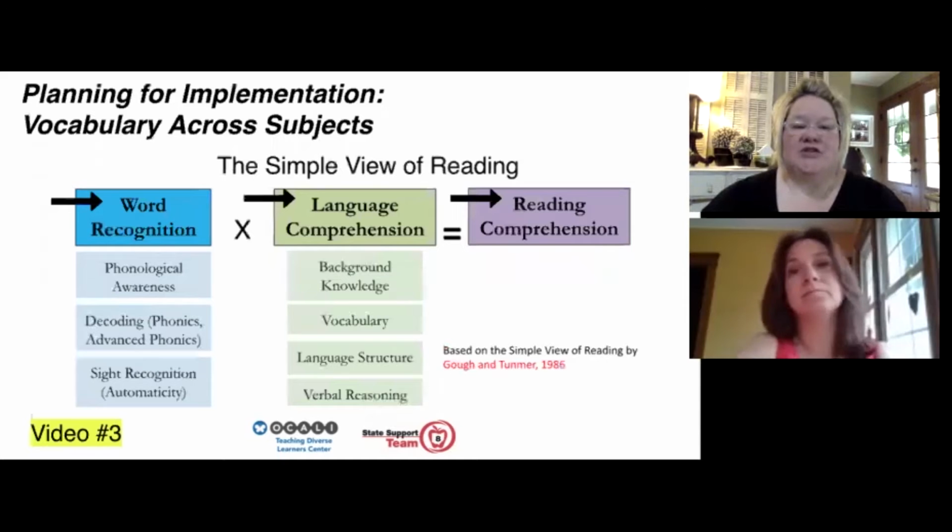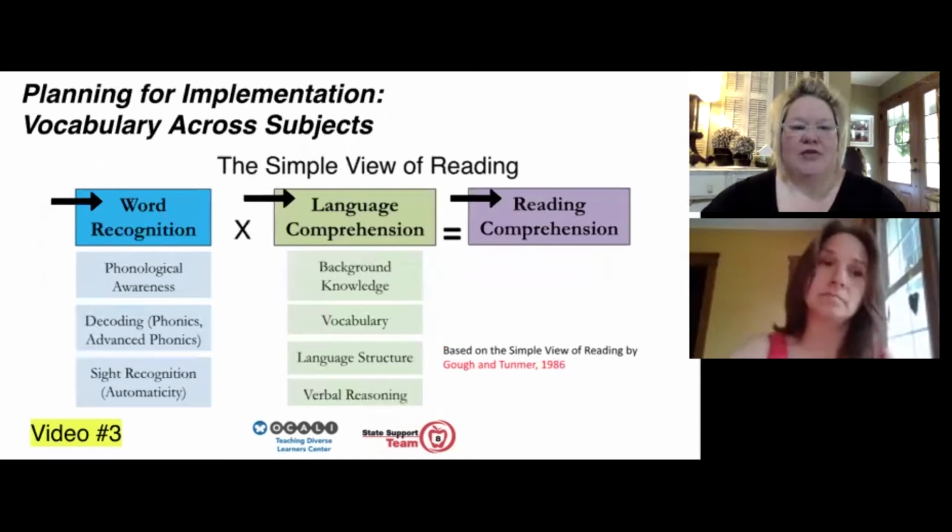To set the stage for our conversations today with vocabulary across subject areas, we know that we will be targeting skill sets for students in word recognition, so really understanding the pronunciation, the decoding and encoding of words as part of this work and support for students and for our instruction.